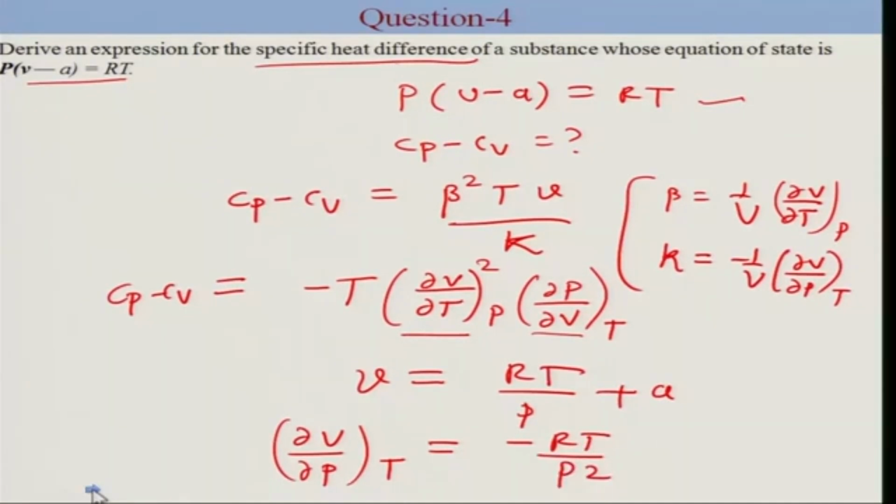But we need del P upon del V. So, after solving it, we get del P upon del V at constant T equal to minus P square upon RT.